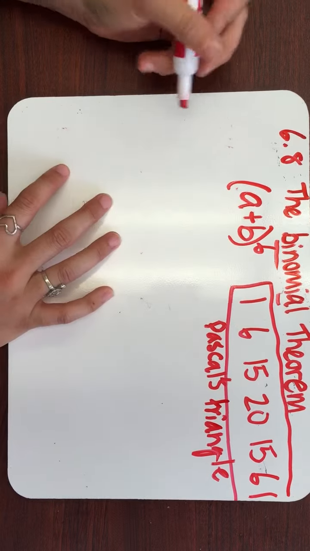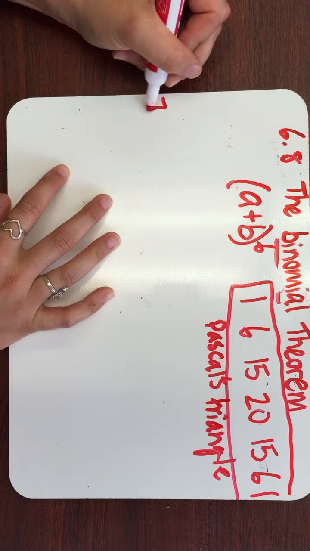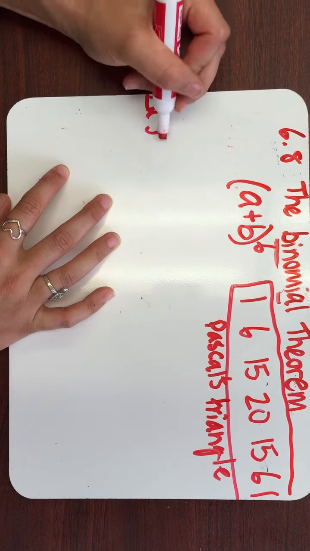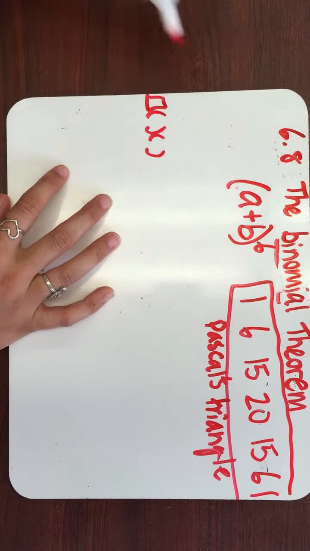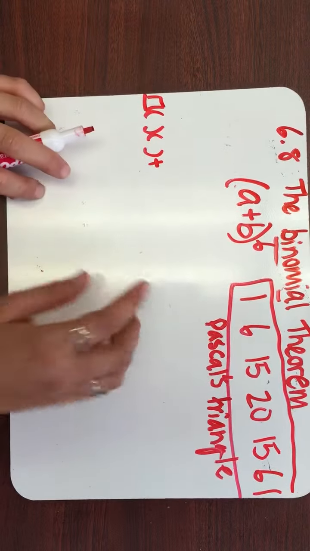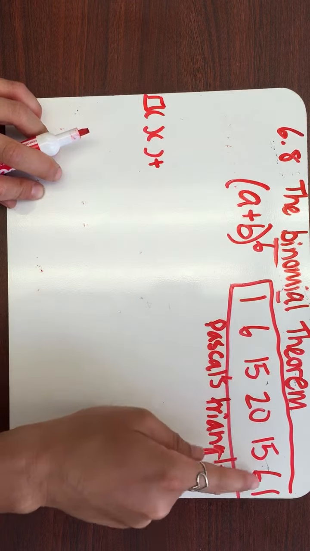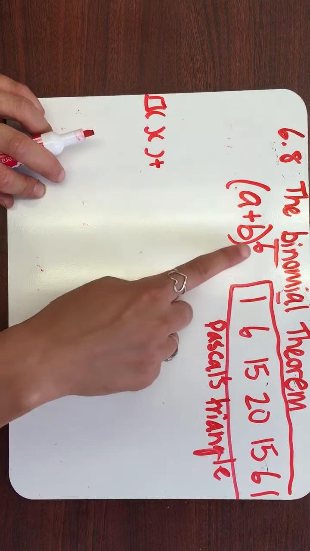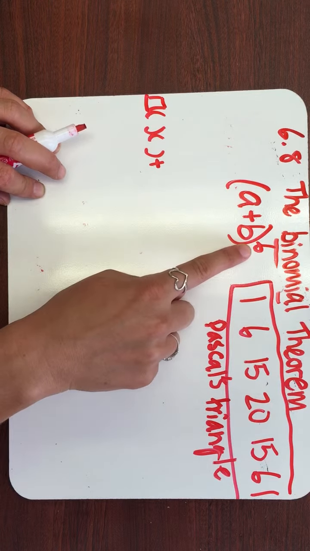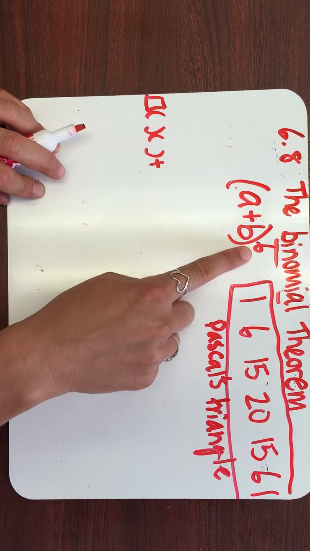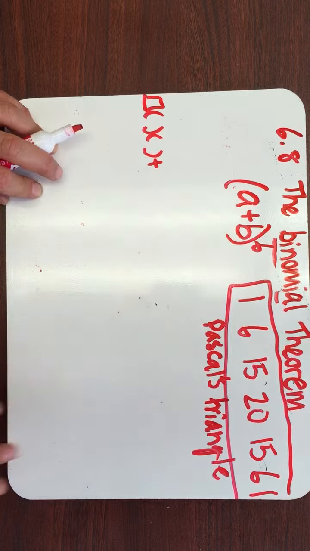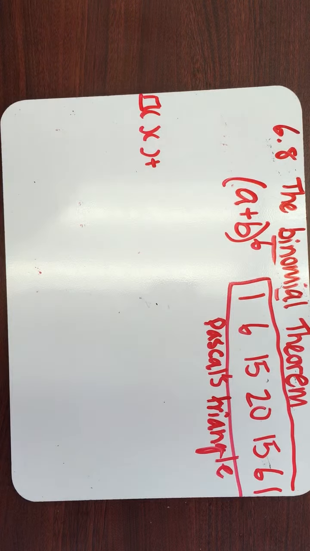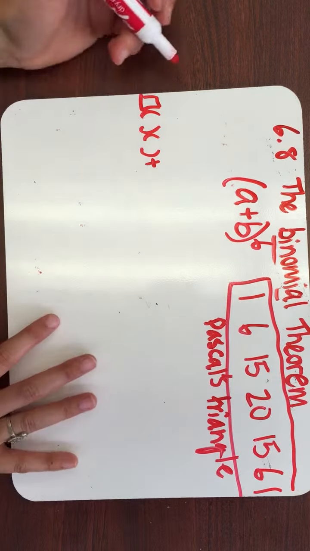So what we're going to do is we're going to make a little box and then 2 sets of parentheses for when we're expanding it. If we count how many numbers we have here, there are 7 numbers, and there's always going to be one more than the number you're expanding it to, or the exponent. So there's going to be 7 terms in total after we expand this whole thing.